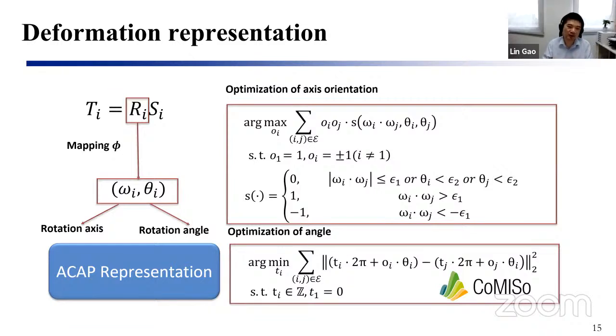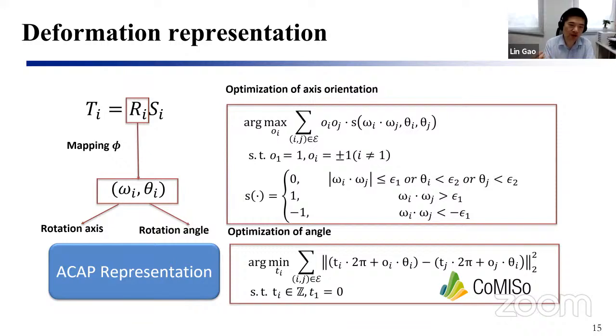Although there are multiple rotation cycles or multiple rotation directions, we could use optimization to optimize the rotation axis and the rotation angle. The key idea is that the difference between the axis and the rotation angle of adjacent vertices should be quite small. So we add the difference between all adjacent vertices.